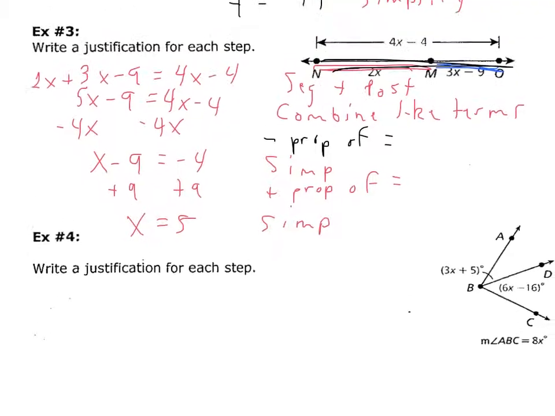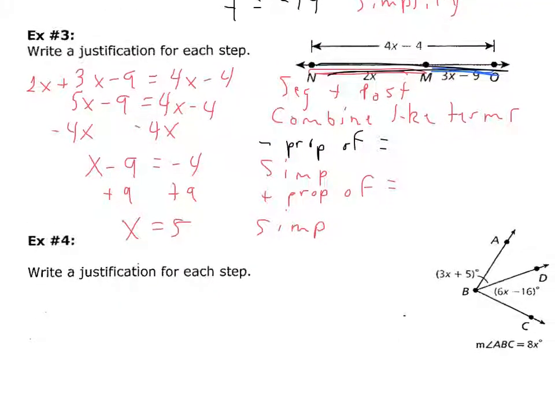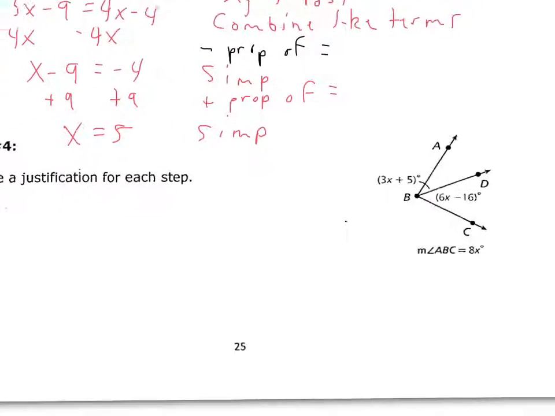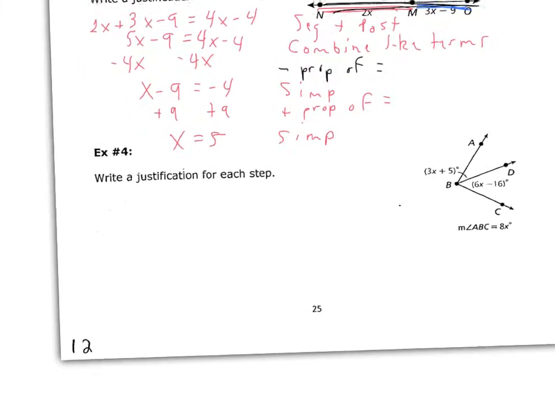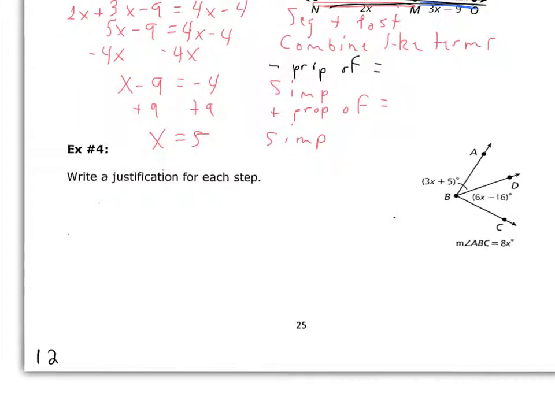All right. Okay, so we did the segment addition postulate. So now we got one for the angle addition postulate over here. Okay, so let's do one for that. All right, so we want to solve for x again, and I apologize that it doesn't say that on the instructions.